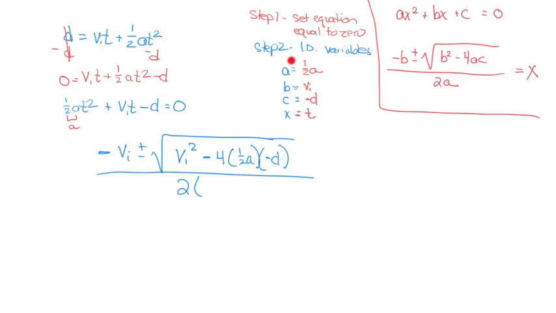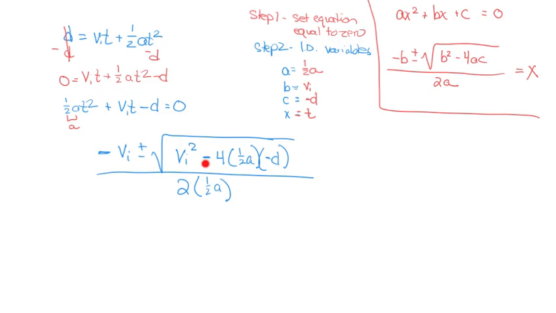And remember that a is 1/2 a. So 2 times 1/2 a. At this point, we've got everything substituted properly, and we can just simplify and reduce. So looking at this, I can't do anything with the vi squared under the square root, so that just stays.